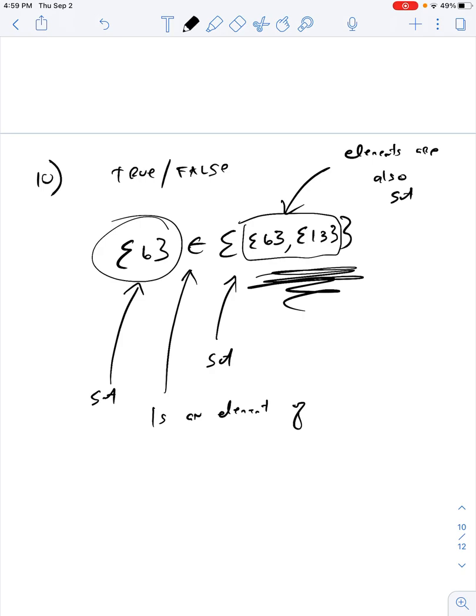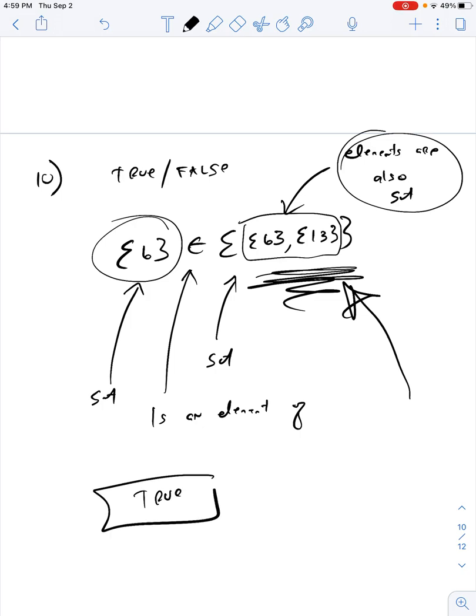And that is true because everything in here are sets, right? So nice true statement there.